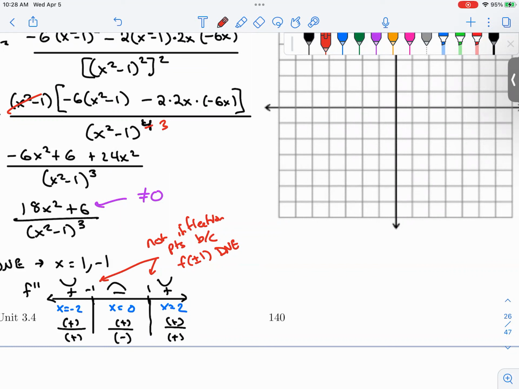If it was just a polynomial or an e to the something, where exponential functions are defined everywhere, then yes. But because this is going to have vertical asymptotes there, there's no way to make it wiggle or jiggle free. Yes, it's because we're dealing with the rational function.